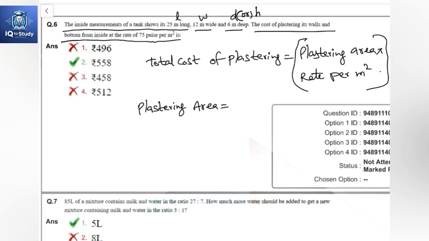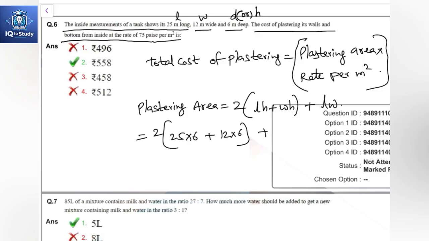Plastering area formula is 2 into (LH plus WH) plus LW, which means 2 into (length into height plus width into height) plus length into width, which is equal to 2 into (25 into 6 plus 12 into 6) plus 25 into 12.